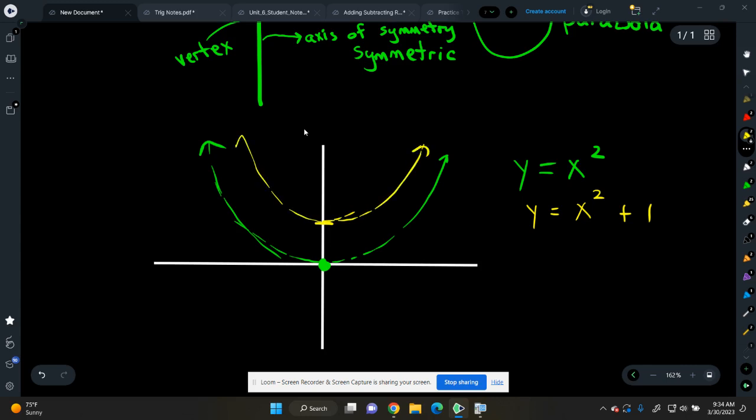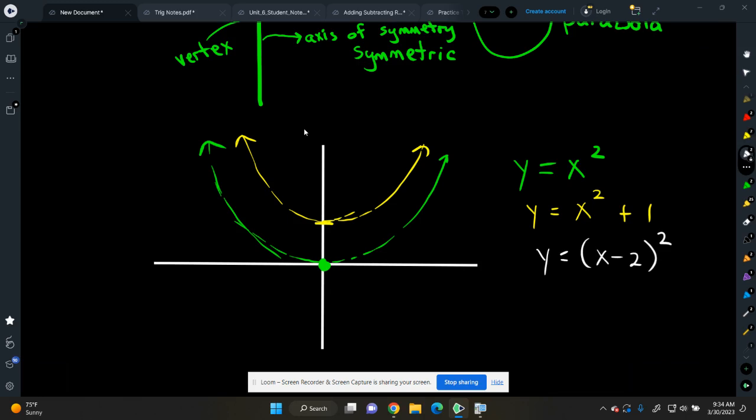Yes, exactly. The absolute value equations. Very good observation. So if I were to graph y equals (x minus 2) squared, this one is going to move the parabola sideways, and it's going to move 2 to the right.